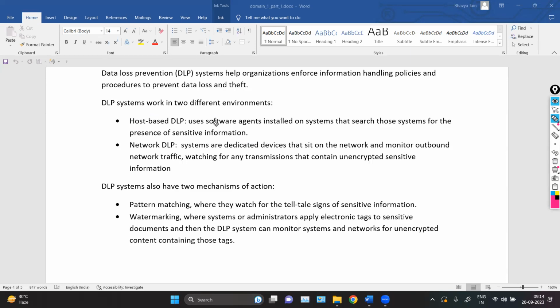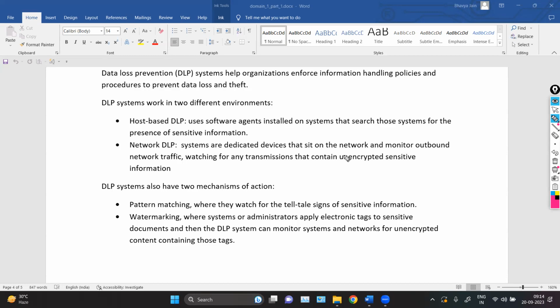It may also contain antivirus and some other software. So the DLP systems check for the systems which contain sensitive or critical information, so that we can find out which systems contain it and then take the initiative to control those systems.